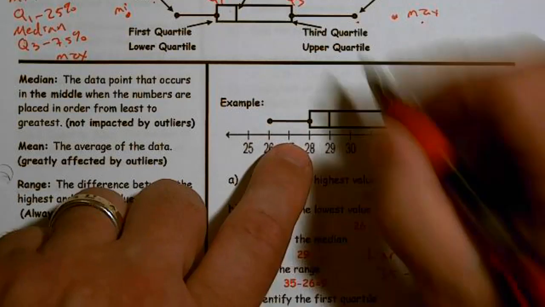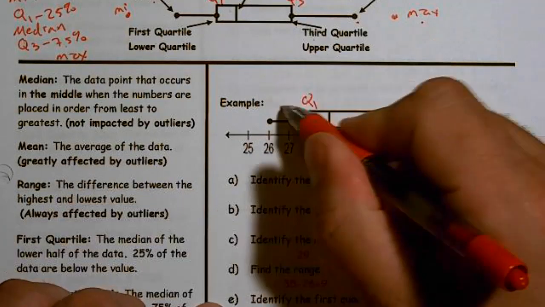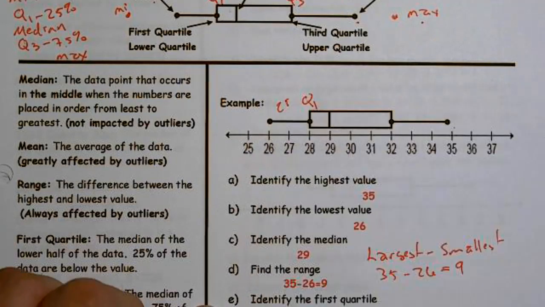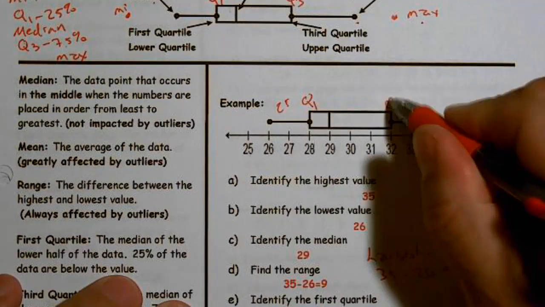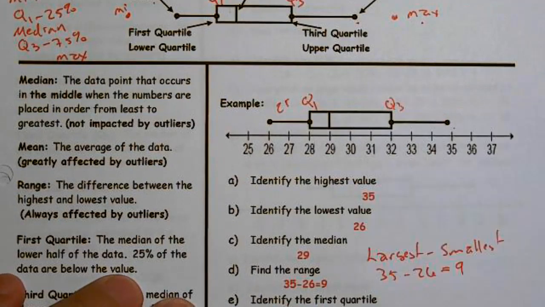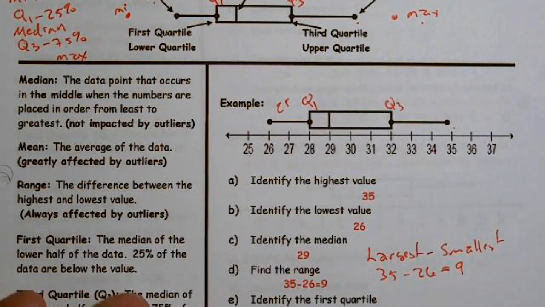Well, Q1 is here at 28. And that means that 25% of the data are less than Q1. All right. The third quartile is Q3 right here, and 75% are less than that value, so 75% are smaller than 32.